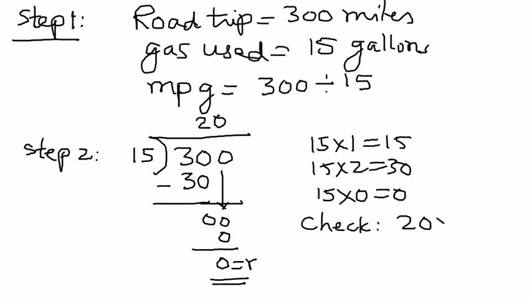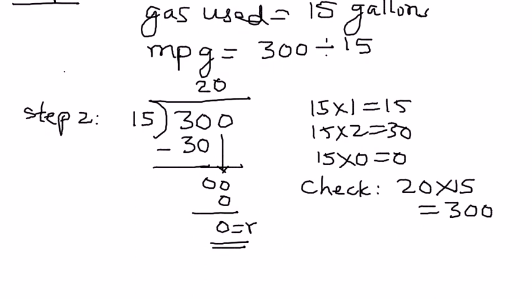20 times 15 is equal to 300. We can also say that the amount of miles per gallon we got is 20.